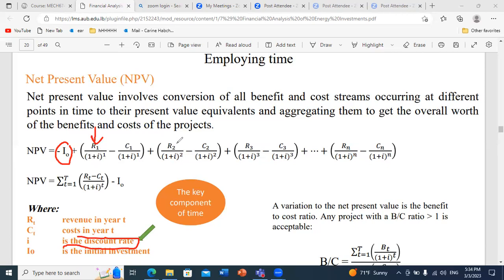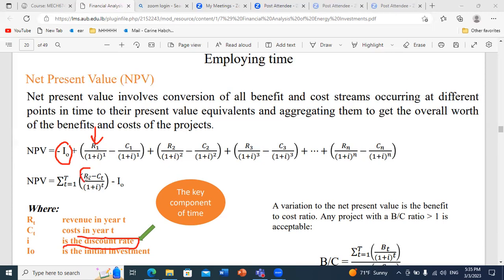While for year 2, I should divide by 1 plus I squared, for year 3, 1 plus I cubed, etc.